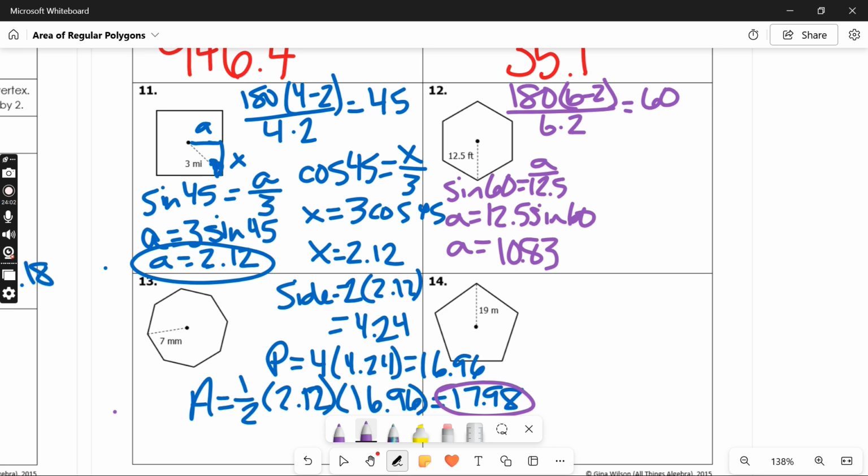Okay, I'm going to find part of the side length. So I'm going to do cosine of 60 is equal to x over 12.5. So x equals 12.5 times cosine of 60. So x is 6.25.